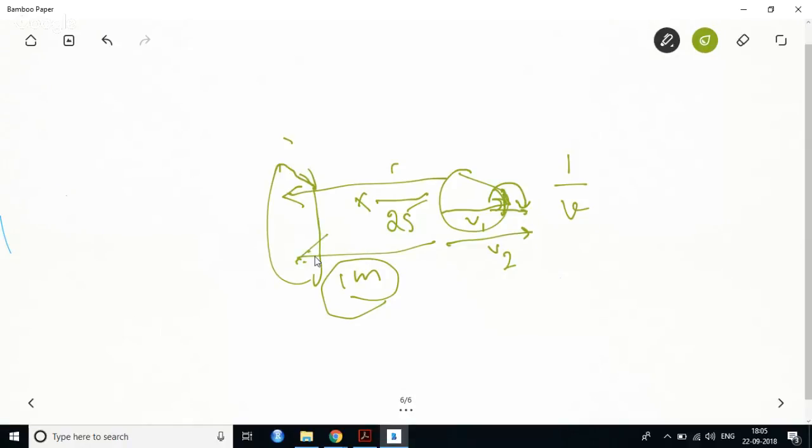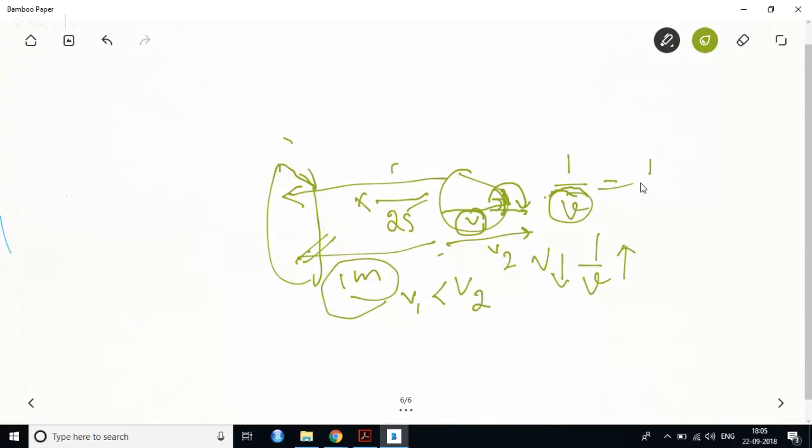Now with the help of this lens, I need to decrease the V. It means that this V1 should be lesser than V2. Whatever V is getting formed by the naked eye, the eye without lens, I have to decrease that V. Now what happens if this V decreases? Then 1 by V will increase.